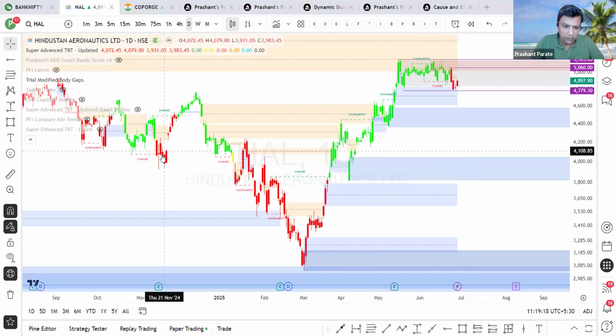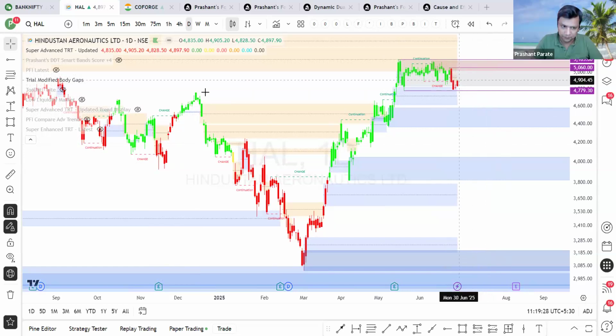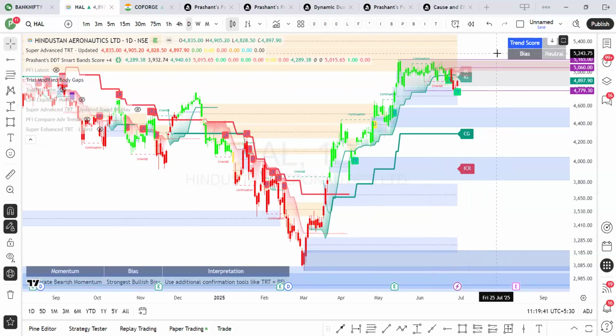Here, the first trade may come up to this and it may fail. We have seen it come back multiple times. Whereas the DDT Smart Band chart is green here. So as long as this is here, our daily time frame bias is bullish.